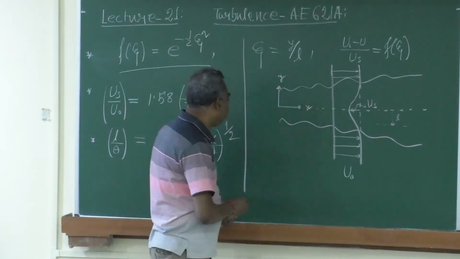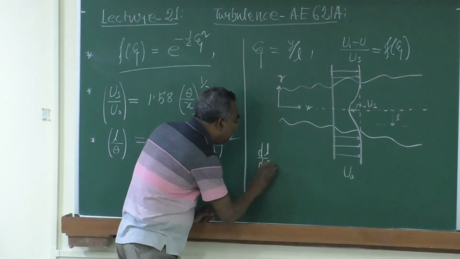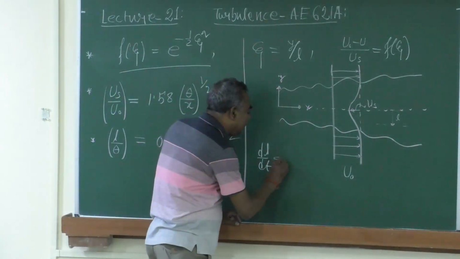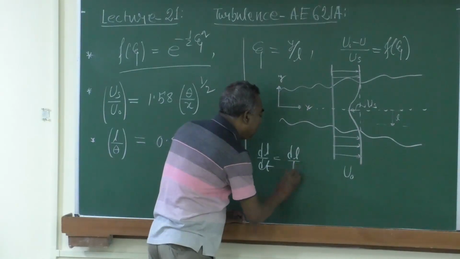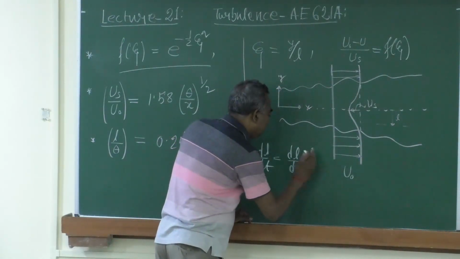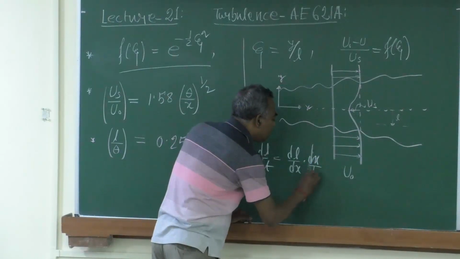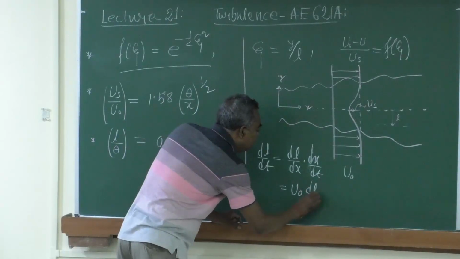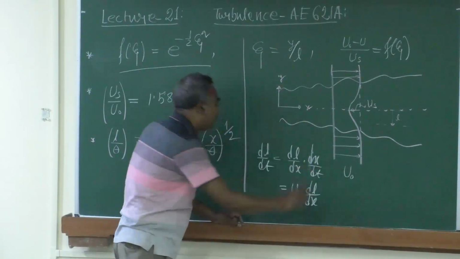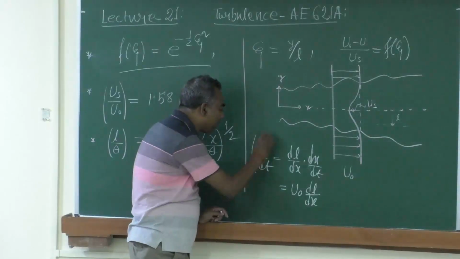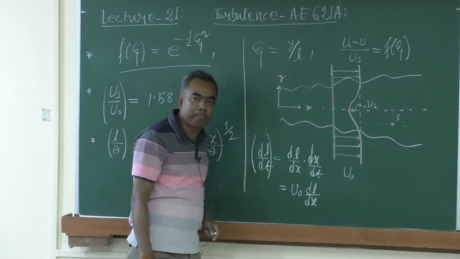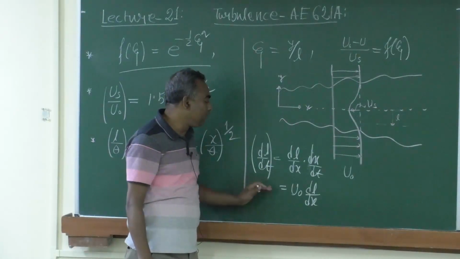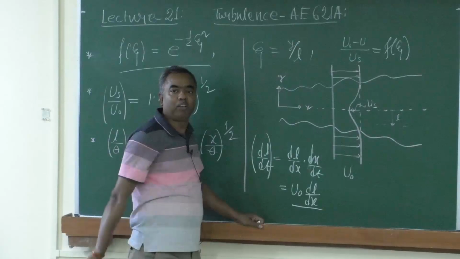So, if you would like to find out dl dt, how can we find that? dl dt in that case can be written as dl dx into dx dt, and this I can write as u naught into dl dx. So, this change of L with respect to time when somebody is moving with the wake at velocity u naught can be replaced with this relation.